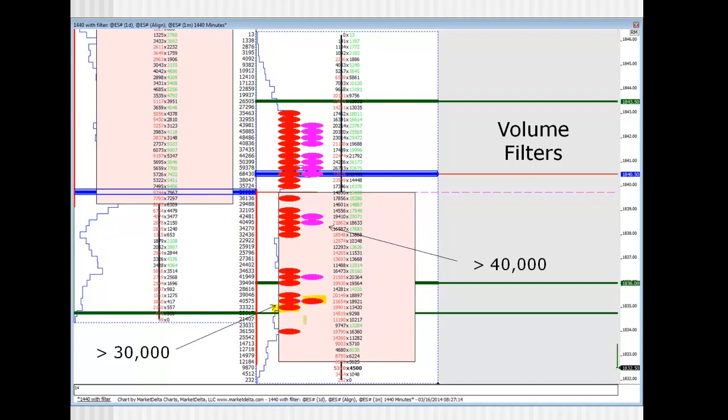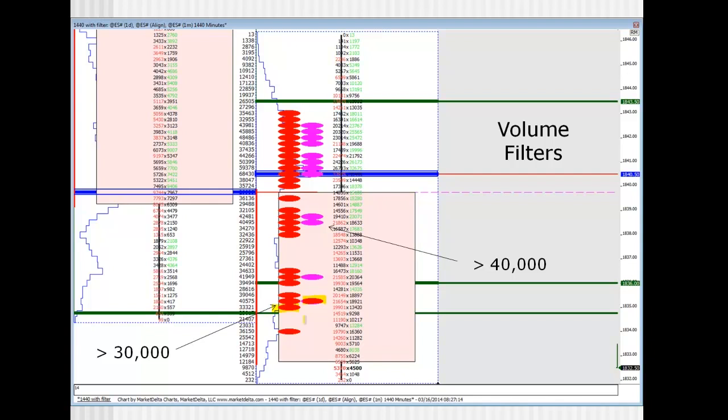Just because it's greater than 30,000, it could be 40, it could be 50, it could be 100. How do I know how much greater that is unless I have some other parameter that helps me to analyze that and identify that in the market? And I do that through the use of multiple filters.